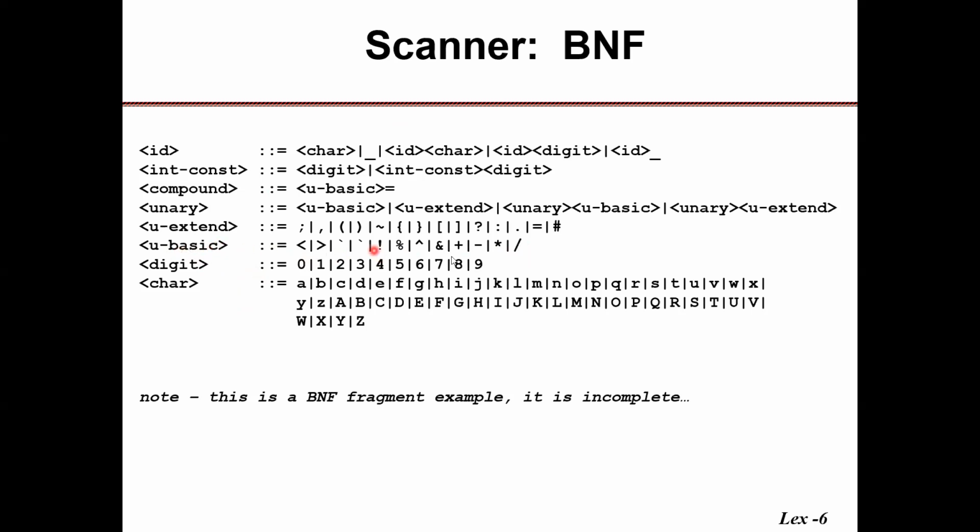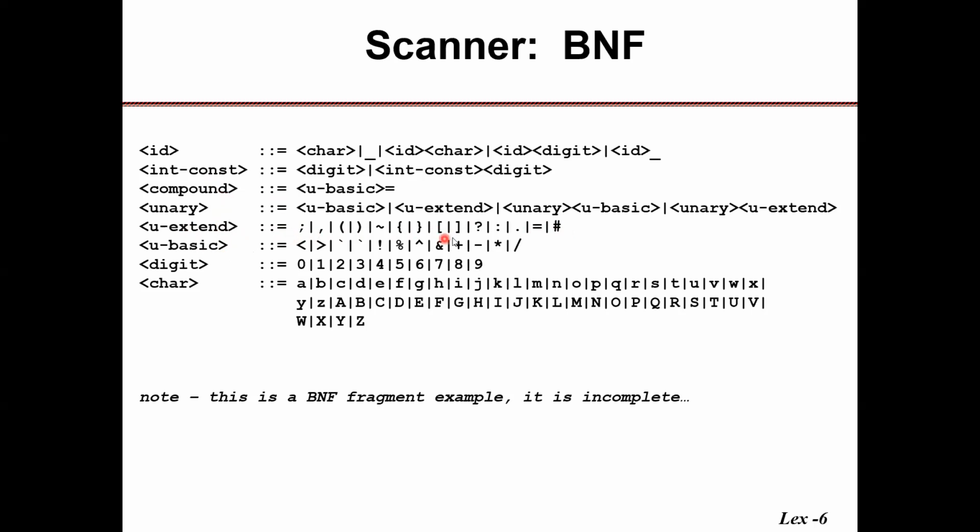So we have UBasic, or unary basic, to say these symbols here, this or this or this, and so on. And then we have the U extended. These are those other symbols that can either be unaries or compound. So we define those as U extend and U basic.